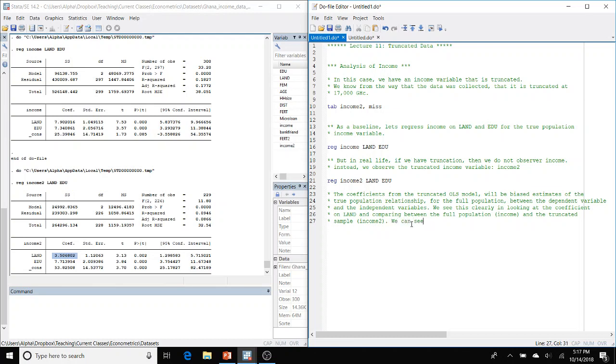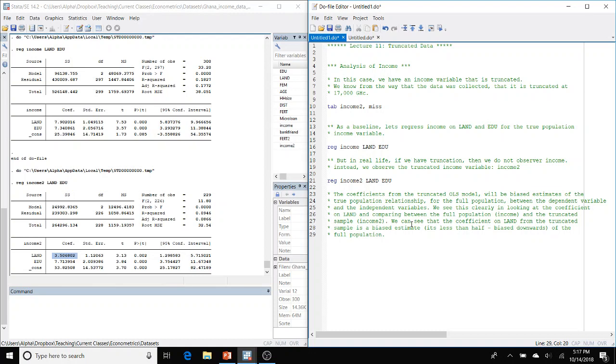The coefficient on land from the truncated sample is less than half, so it's biased downwards.